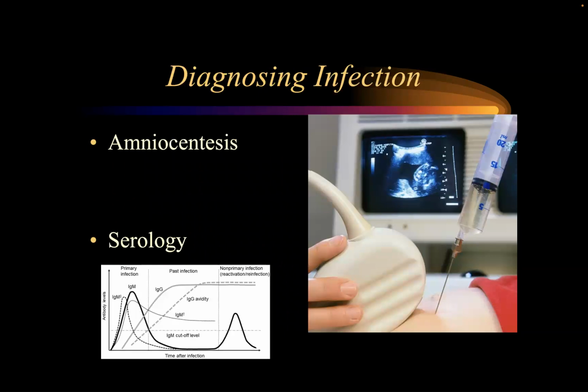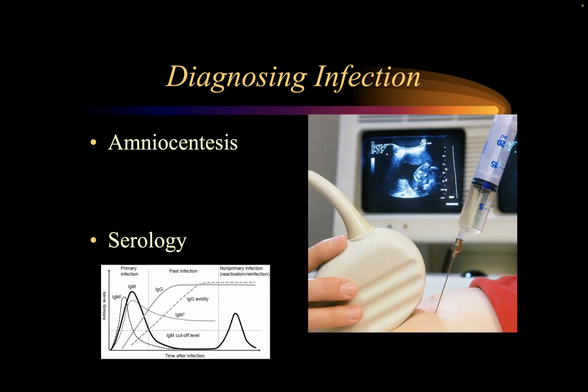So if we become suspicious and we want to pursue a diagnostic test, there are two things we can consider. One is to draw maternal blood to look at antibody production. So this just graphically shows how initially we produce IgM antibodies, and then after usually about 3 weeks, we'll begin to produce IgG antibodies.